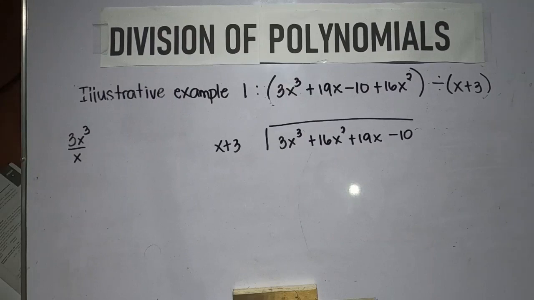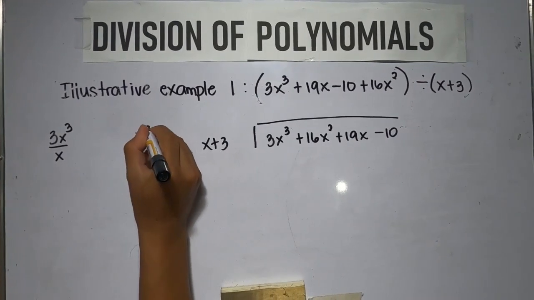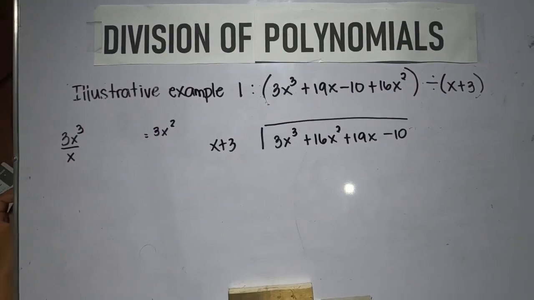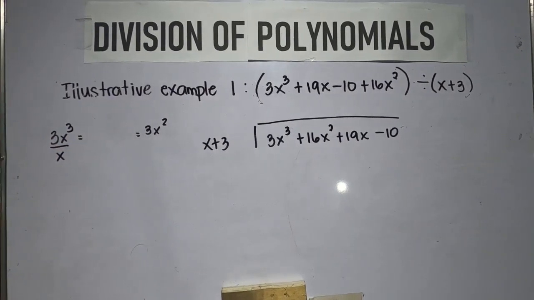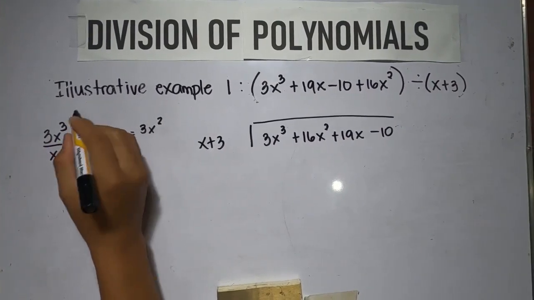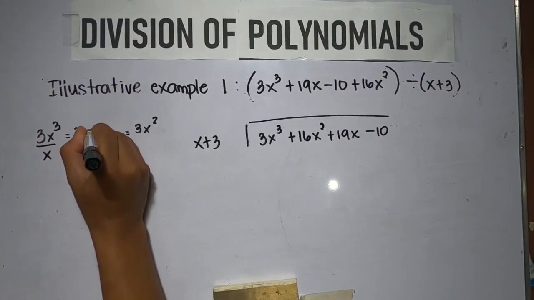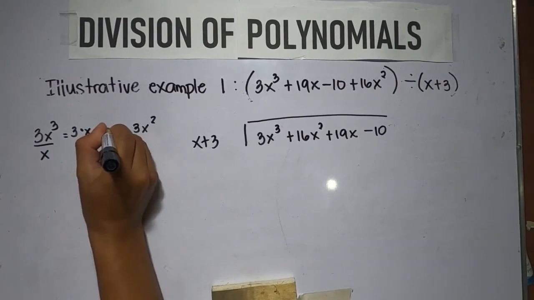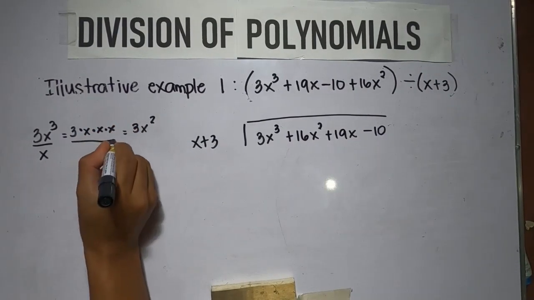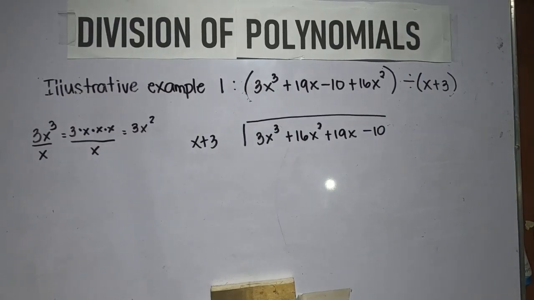By laws of exponents, we know that the quotient of 3x cubed divided by x is 3x squared. But in order for us to easily understand this, we can write 3x cubed as factors of 3 times x times x times x, divided by x.